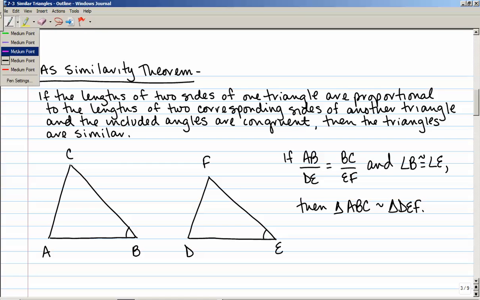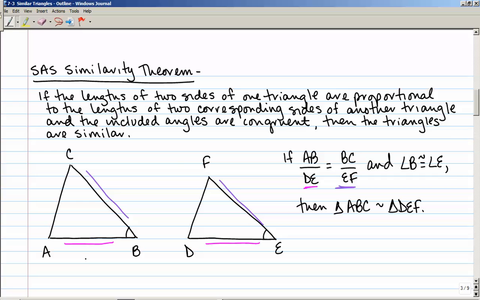So there's no way to really mark on a diagram corresponding sides, but I'll just use some color here. So if AB over DE, which is this one right here, is equal to BC over EF, which is this one right here, and we have it already marked, angle B is congruent to angle E, and you'll notice that angle B is the angle that's between the two sides I'm talking about, and E is the angle between the two sides I'm talking about.